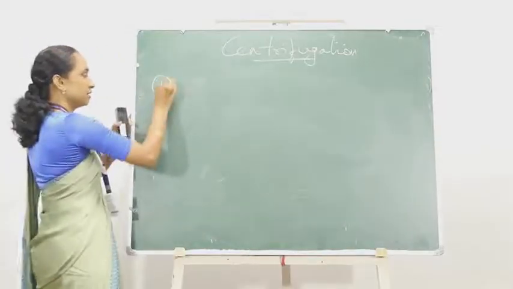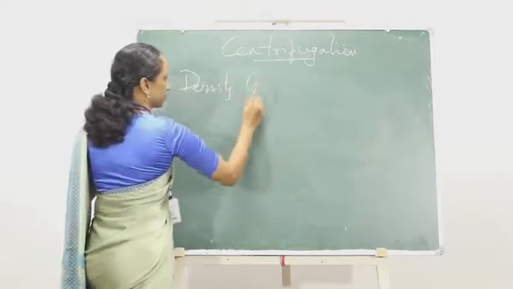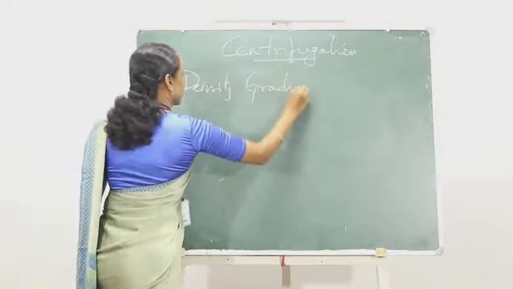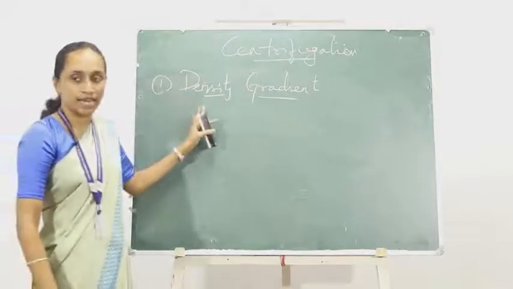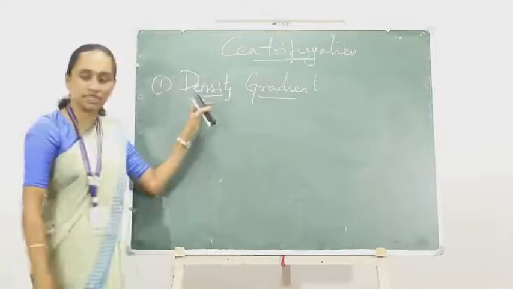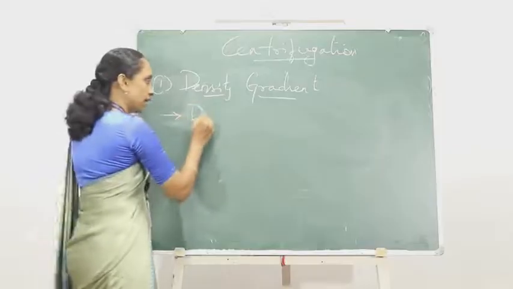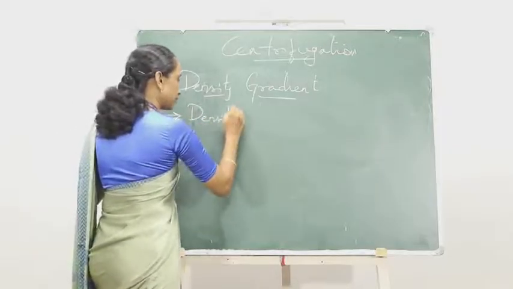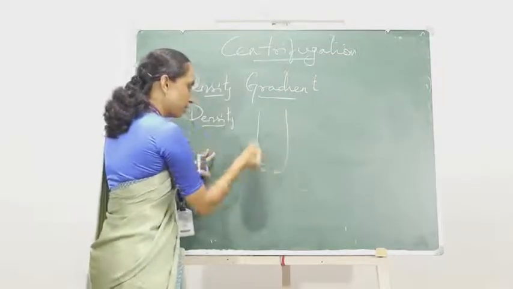First we will see density gradient. What is density gradient centrifugation? From the name itself we can say it is separation of molecules based on density. For example, you have an Eppendorf tube.